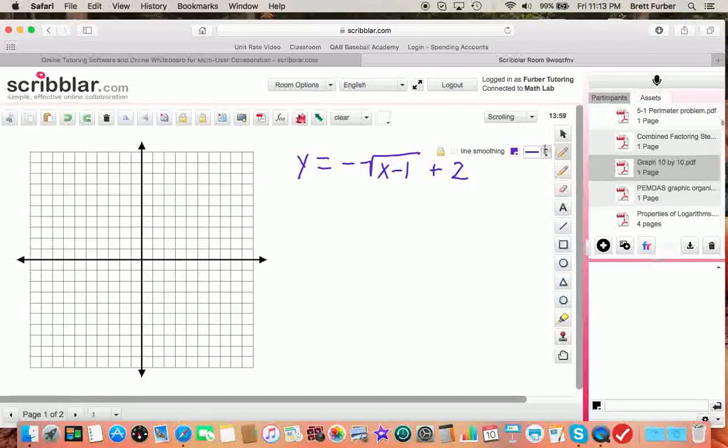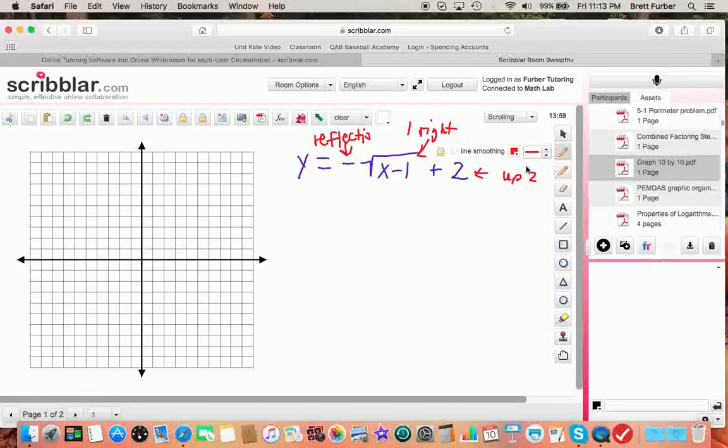So here we are again. We have 3 things this time. We have a reflection. We have a horizontal shift, and since it's a negative, it's going to be 1 to the right. And then I have this K value, which is positive, so that's up 2.